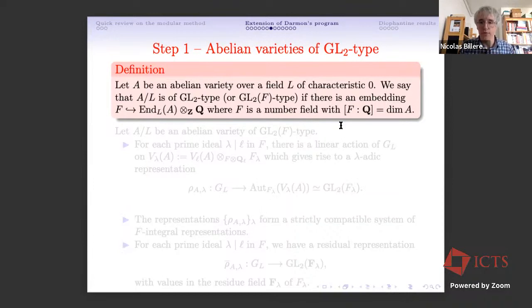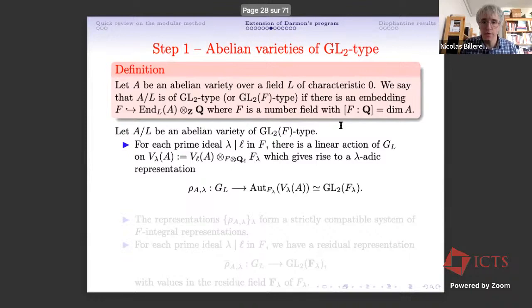If you have an abelian variety A over a field L of characteristic 0, we say that it's of GL2 type, or GL2(F) type, if there is an embedding of a number field F, of degree precisely the dimension of A, into the endomorphism ring of A over L tensored with Q. The terminology comes from the fact that when you have an abelian variety of GL2 type, then for each prime ideal lambda in the field F above some prime l, you can consider the l-adic Tate module of A and tensor it with the completion at lambda of F, and that gives you a two-dimensional F_lambda vector space.